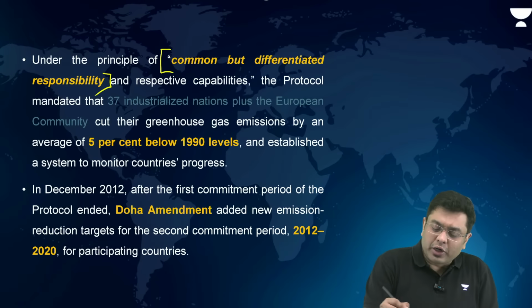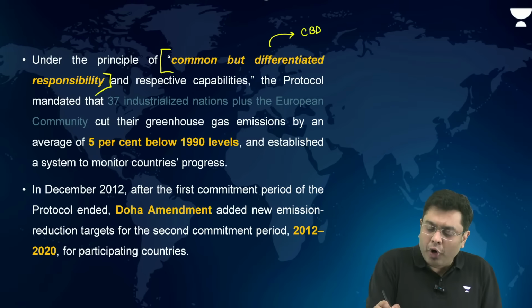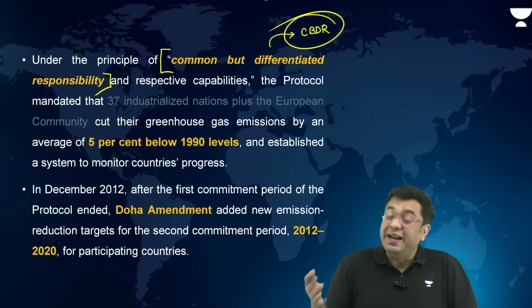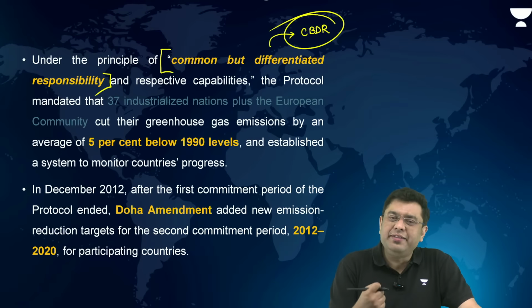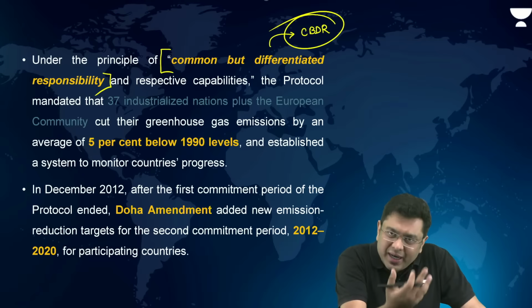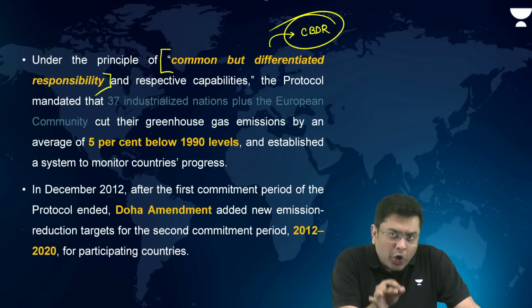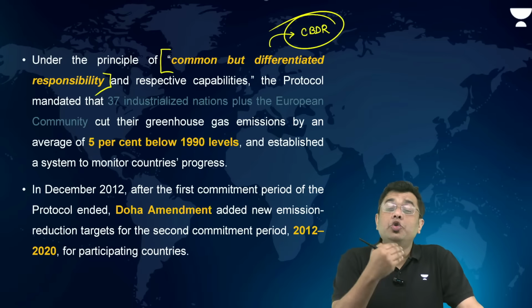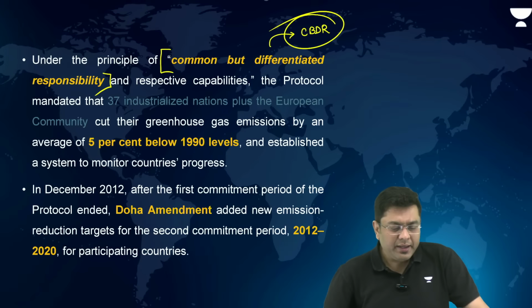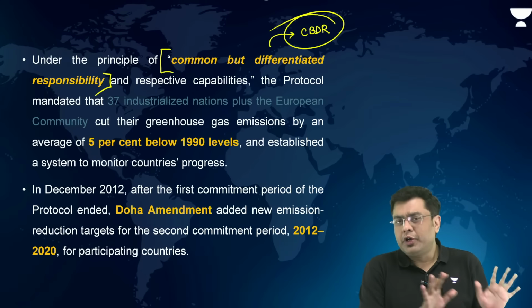So that was the concept of CBDR. It is still a principle that is followed in global dialogues regarding the climate convention. Countries like India, the developing countries of the global south, all urge the developed countries to follow this principle of CBDR and do more for global finance and global climate goals. Right? Now, that was the Kyoto Protocol.